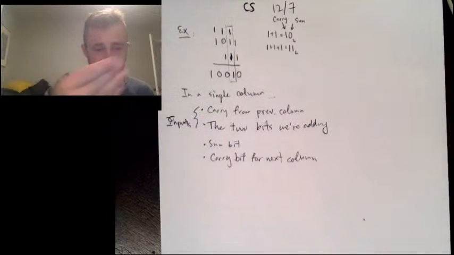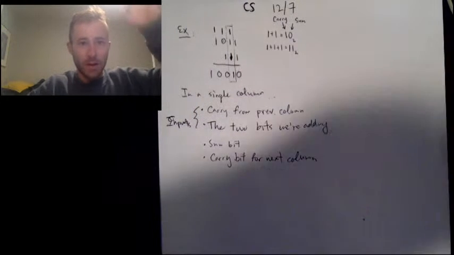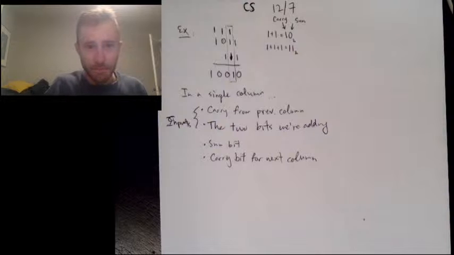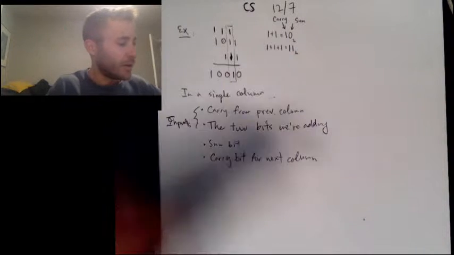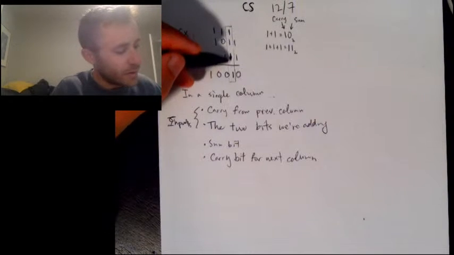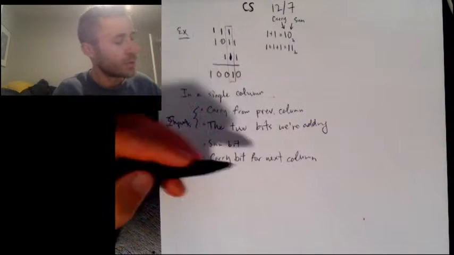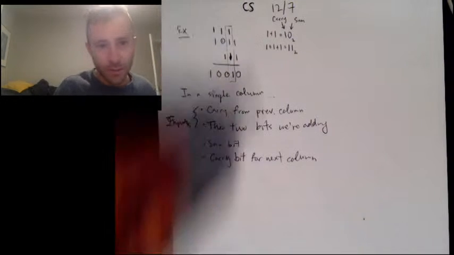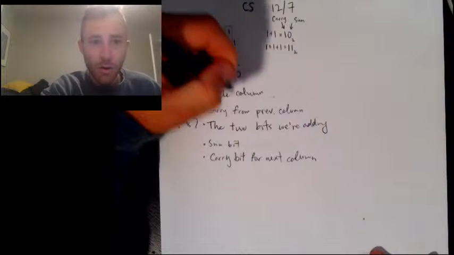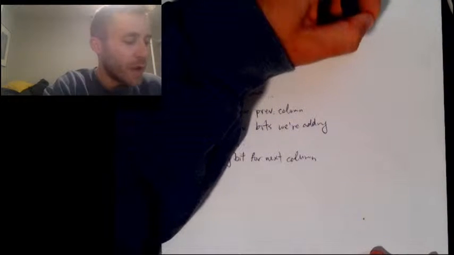Basically, each column takes in a carry, combines it with the two bits you're adding together, and produces its own sum bit and a carry for the next column. So a single column is called a full adder.